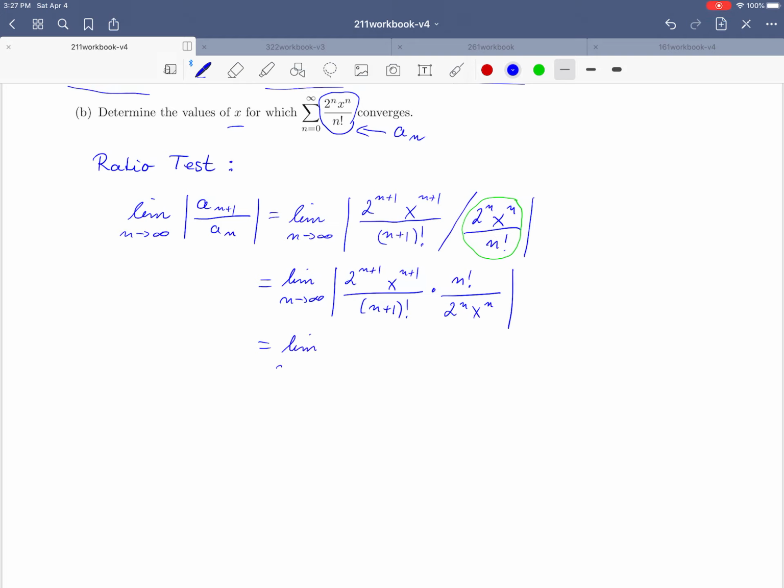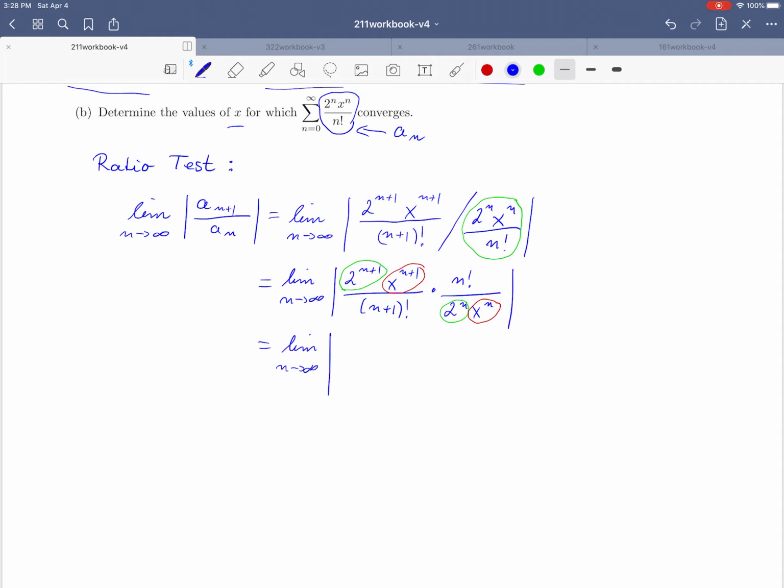So this is the first time that we are seeing an example like this. But you may notice we have 2 to the n plus 1 in the numerator, and we have 2 to the n in the denominator. And then we have x to the n plus 1 in the numerator and x to the n in the denominator. And then we have n factorial over n plus 1 factorial.